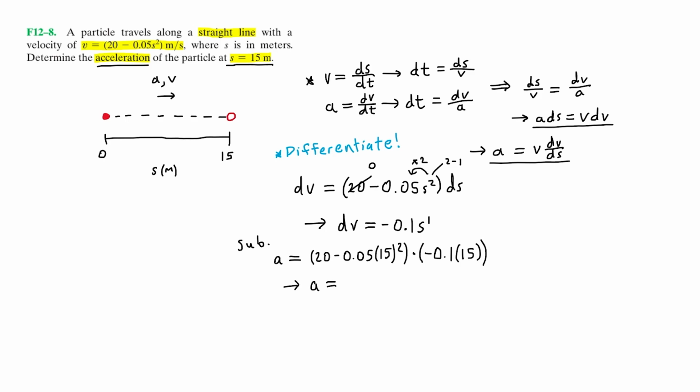Simplifying this out, we get a equals negative 13.125 meters per second squared, which we can also write by its magnitude, where a is equal to 13.125 meters per second squared.